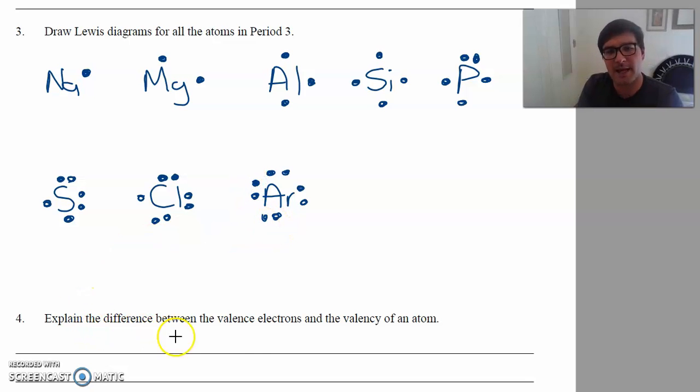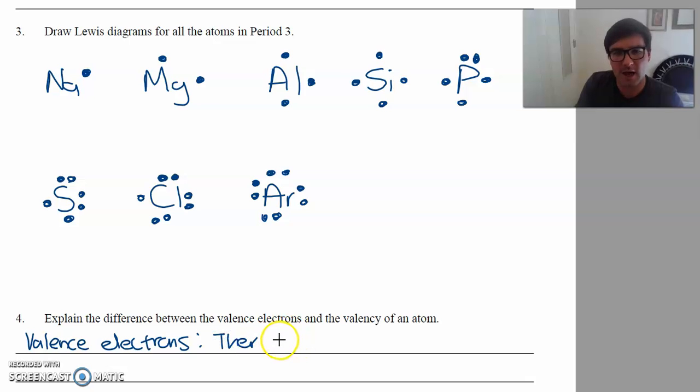Now, they say explain the difference between the valence electrons and valency of an atom. Valence electrons are the number of electrons in the outer shell.